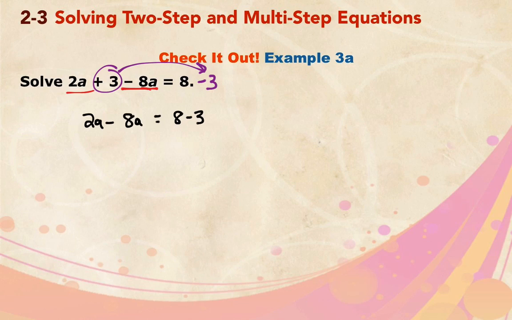So 2a minus 8a, that's negative 6a. And then 8 minus 3 is going to be 5. So I'm just going to do some simple division here. Negative 6, negative 6. Those cancel out, and I'm left with a equals 5 over negative 6.